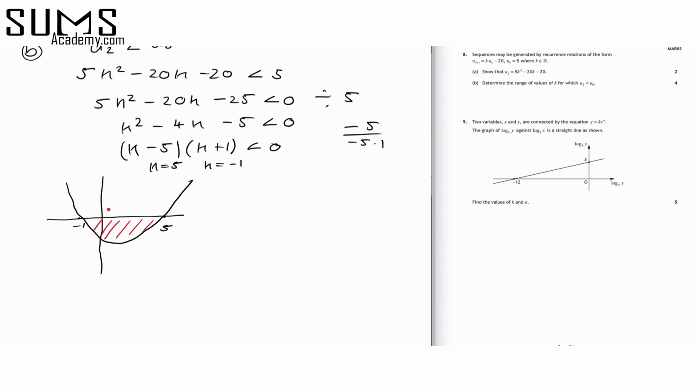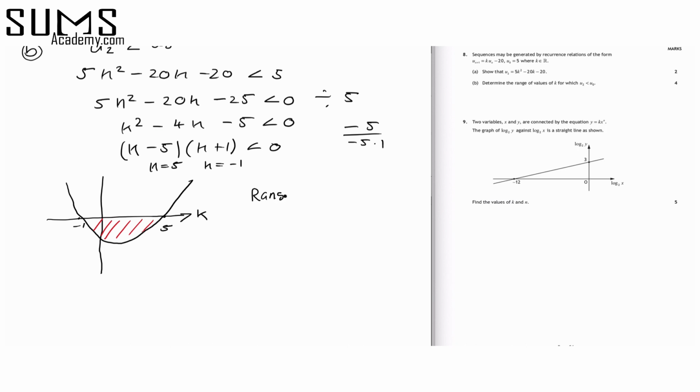So the values of k, so this is k. What values of k is it going to be? It's going to be when k lies between -1 and 5. So how do you write that? I'll write out the statement.